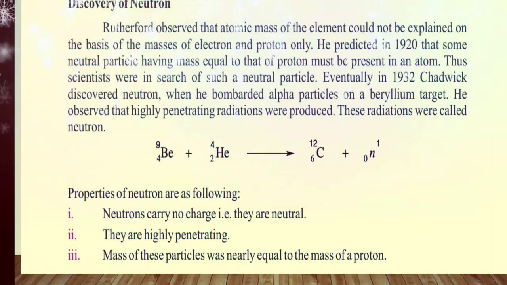So next, here is the experiment: discovery of the neutron, and beryllium, Be, with atomic number 4. Beryllium has atomic number 4 and mass 9.